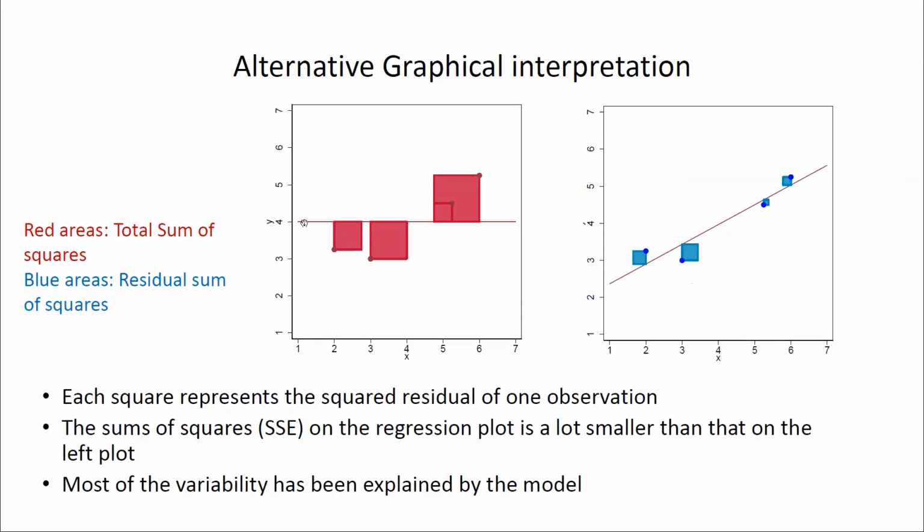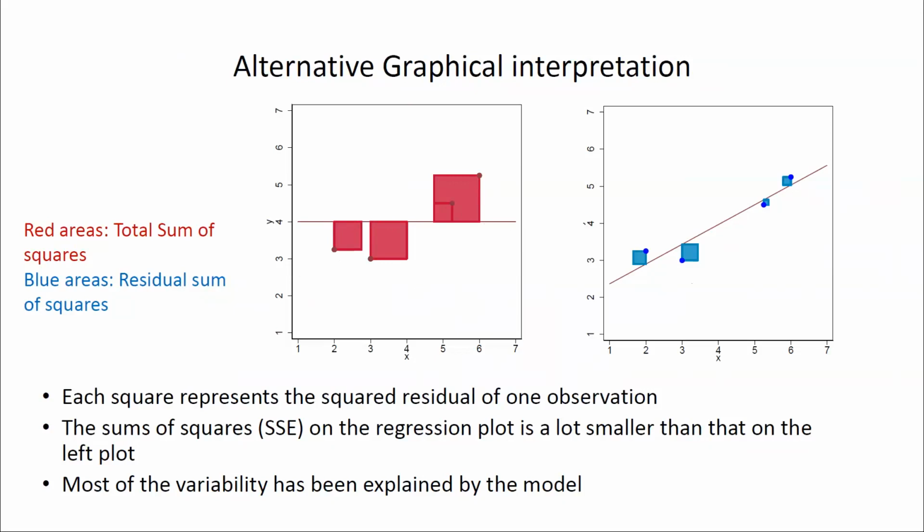One graph corresponds to the intercept-only model, y equals beta 0. So as you change the level of x, the predicted value of y always stays the same. This is the average value, which is 4 here. And if you average those 4 values out, you get exactly 4. And then the second model is the regression model, where you have one x variable.